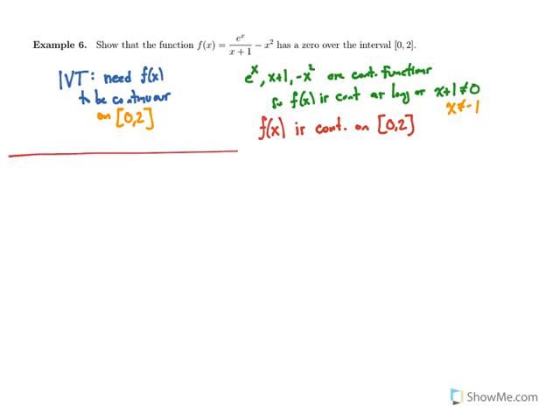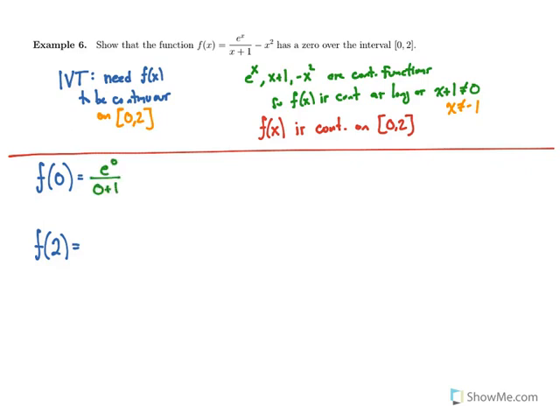All right, so how do we use the intermediate value theorem? What we're going to do is we're going to look at the endpoints here. We're going to look at f of 0 and f of 2. And we'll draw a little graph to kind of show what's going on here. So f of 0 is going to be e to the 0 over 0 plus 1 minus 0 squared.